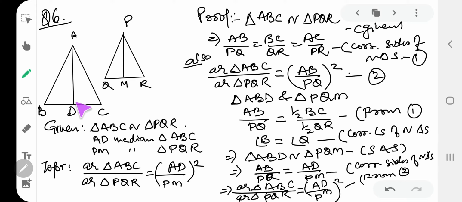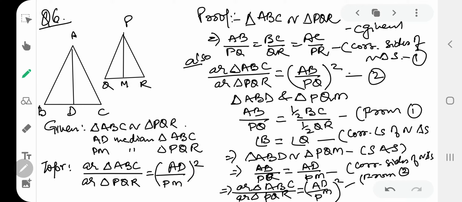That means AD square by PM square. These are their medians. So ratio of their medians is AD by PM. We have to prove that the ratio of their area is equal to ratio of their medians and take the square of that. This we need to prove.